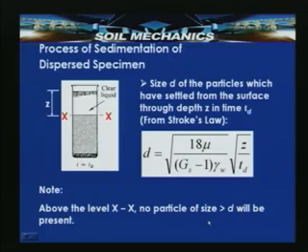Now, as time elapses, let us assume that at time t is equal to Td, at level xx, that is at a depth z from the surface, we are interested in determining the particle size.